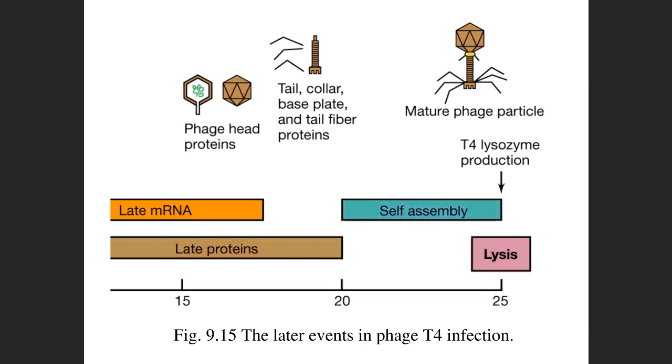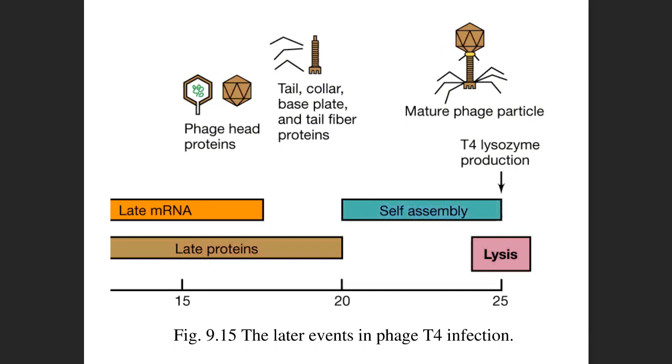Then if you want to add C next, you produce C, so now the AB complex will run into C and form an ABC complex, right? And so the sequence in which the proteins are made is exactly the same as the sequence in which they are assembled.